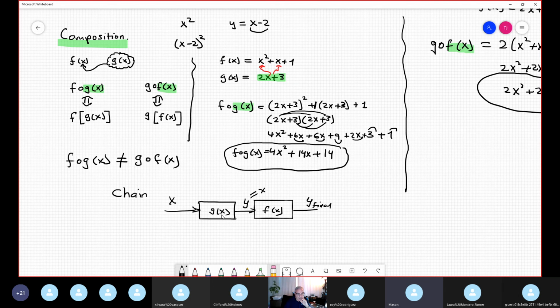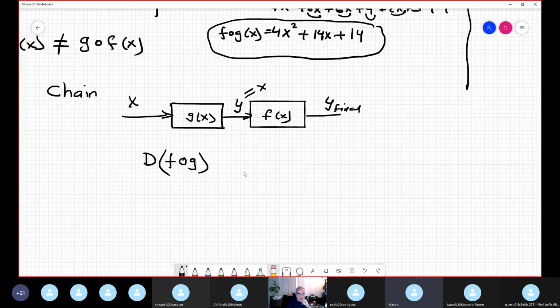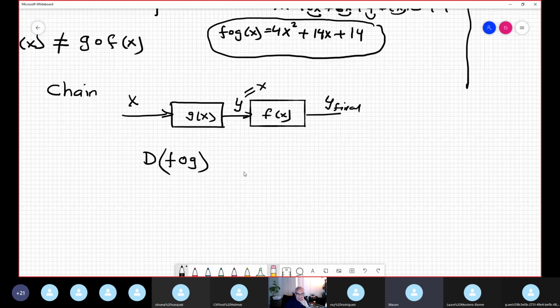So what about domain? Well, domain is easy. Domain of the composition, domain of the f composition g. Remember, guys, this new notation that we are learning today. I warn you because students don't believe this, and students believe that this is equivalent to multiplication. This is a period, this is multiplication. This is composition, which is a small circle.